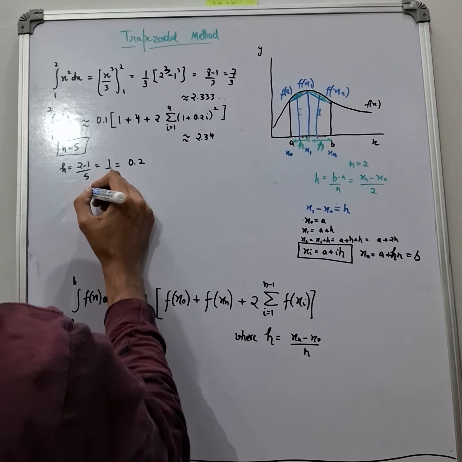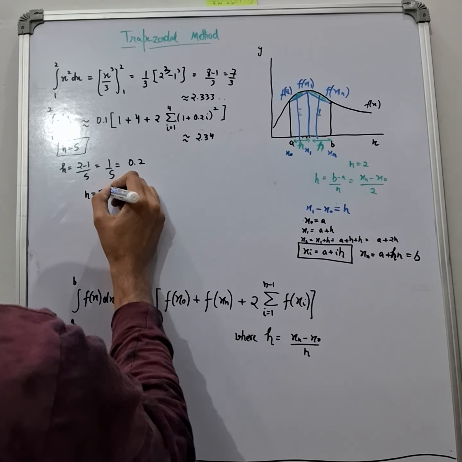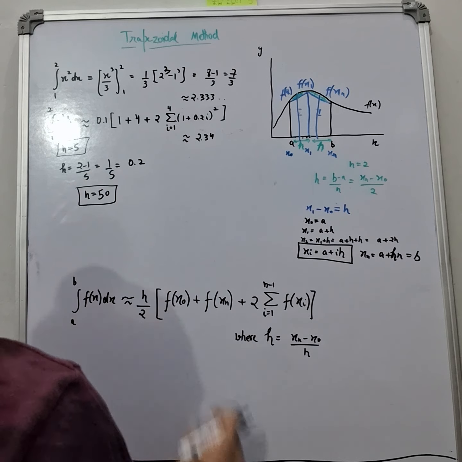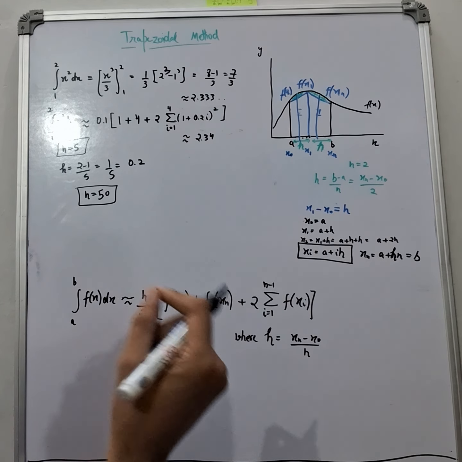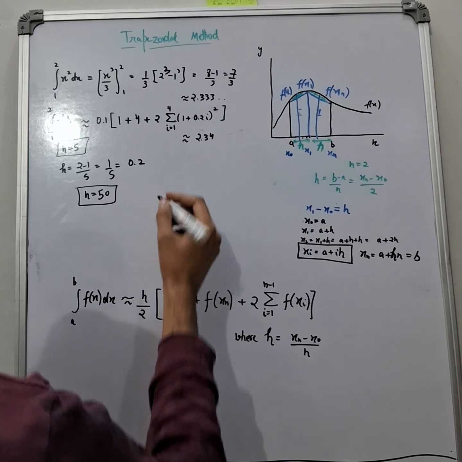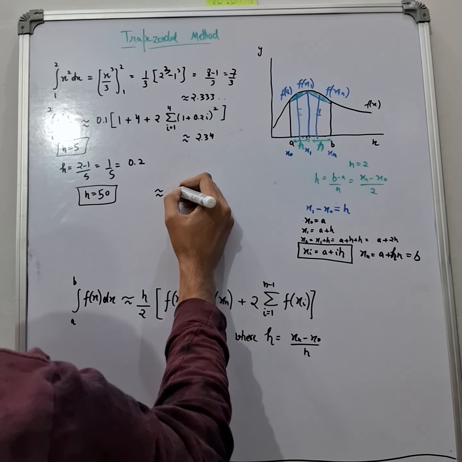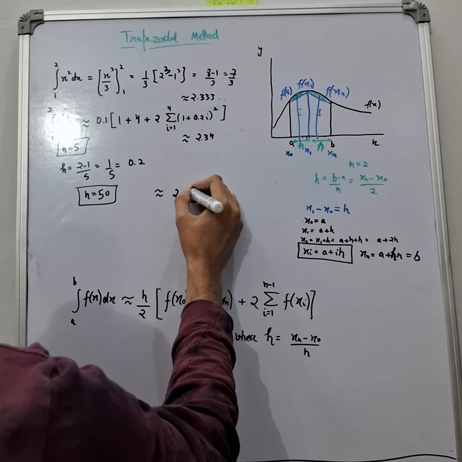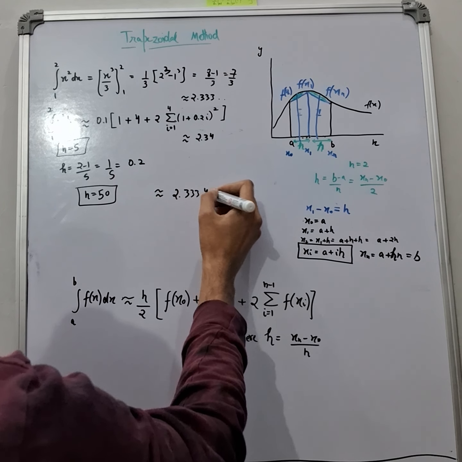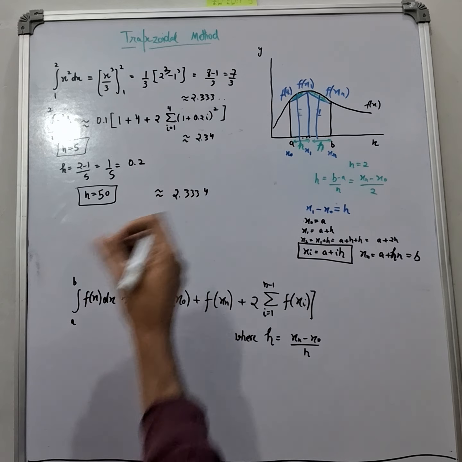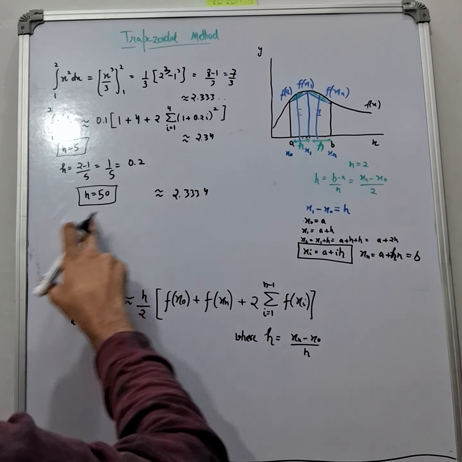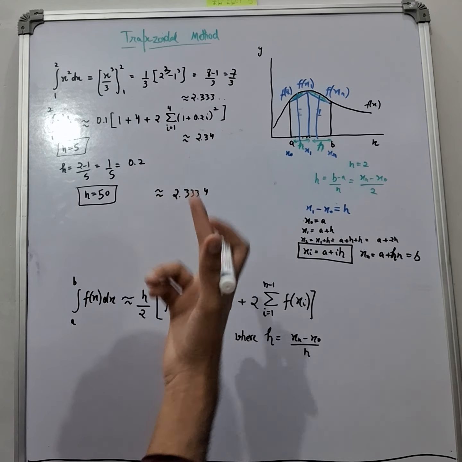When you calculate it for n equal to, let's say, 50, when you keep increasing the value of n, the answer becomes more and more accurate. You will get the value around 2.3334, something like that, which basically shows that for a large value of n, this is becoming more and more accurate.